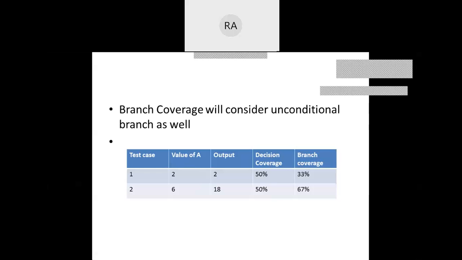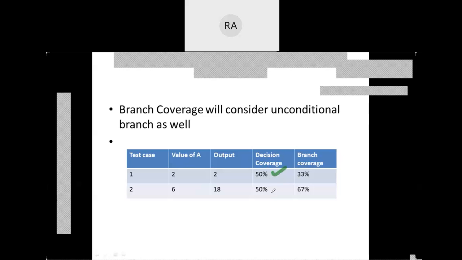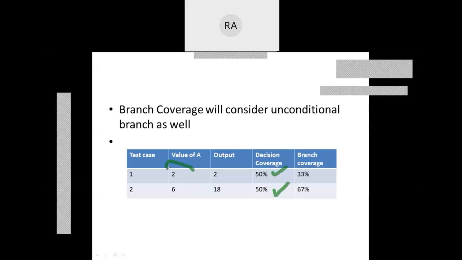You test a single outcome, so the value is 1, and a Boolean expression has two possible outcomes, so 1 divided by 2 is 50%. That's why decision coverage remains the same irrespective of the value you pass for the source code, whereas there is a change in the value for branch coverage. Why is it 33%? We have discussed this.